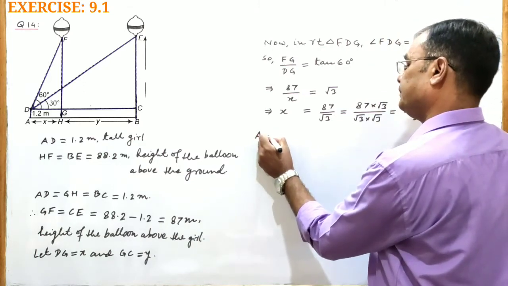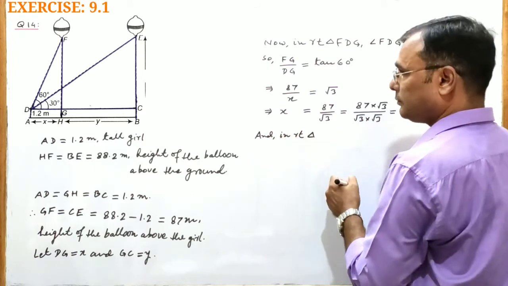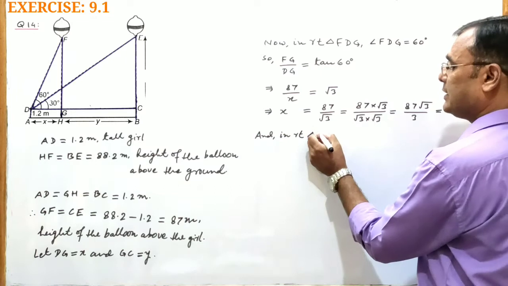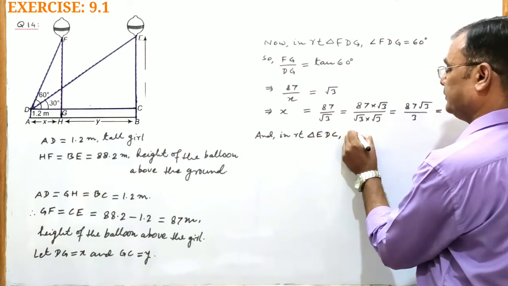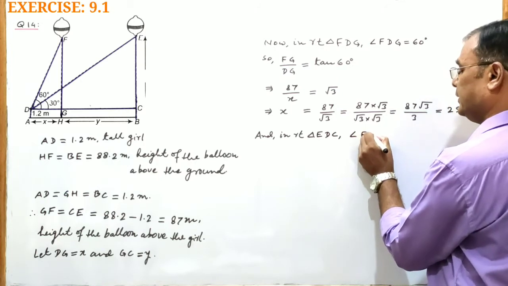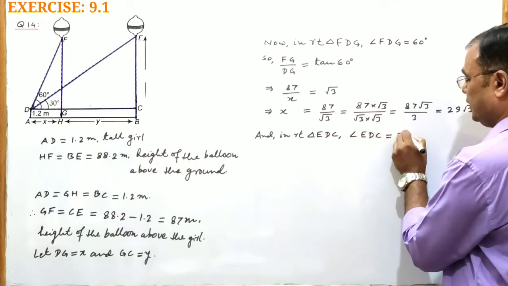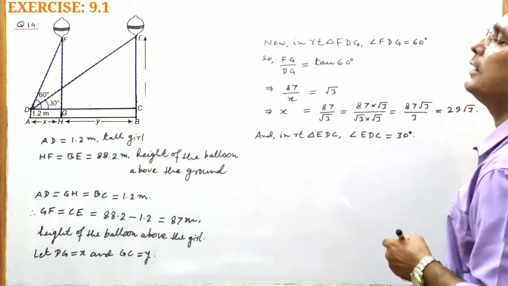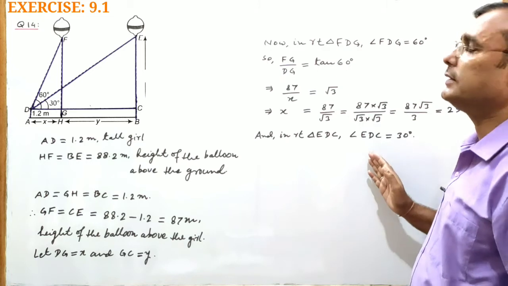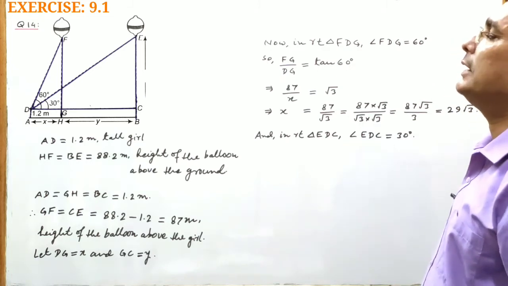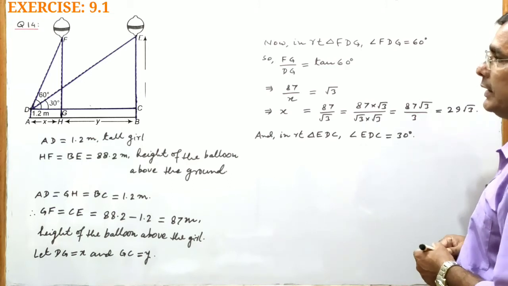And in right triangle EDC, angle EDC is equal to 30 degree, which is the angle of elevation of the balloon when it is at the second position at the eye of the 1.2 meter tall girl.